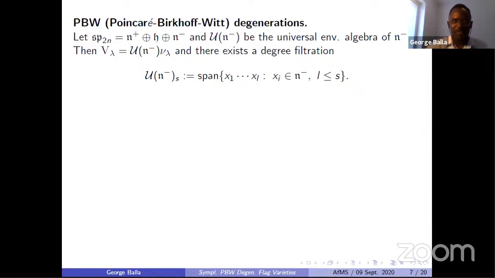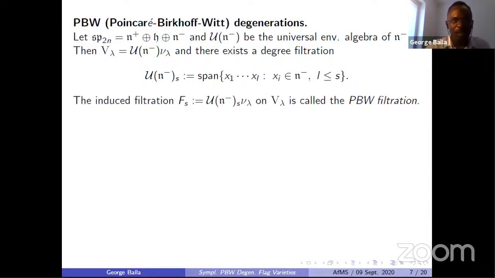That's why we are calling it a filtration. Such a filtration induces a filtration on the whole space V lambda, because V lambda is U(N minus) acting on v lambda. So we have this filtration U(N minus)_S acting on V lambda on the whole space, and such a filtration is called the PBW filtration.